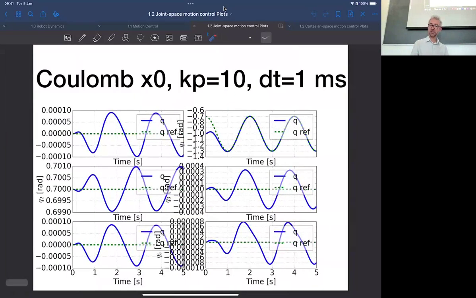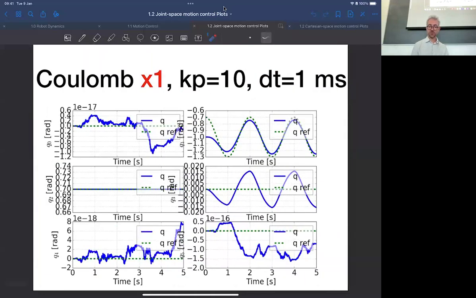So inverse dynamics, we started from this performance, which was very good, because here again, the scales are super small. So basically you have a perfect tracking on all joints. Here I'm using a time step of 1 millisecond, so it's pretty fast. And a gain which is pretty small, which is 10. And I have no Coulomb friction.